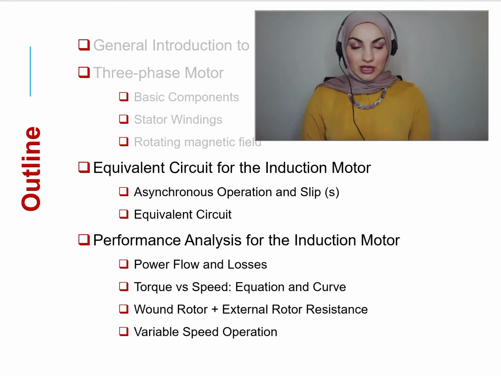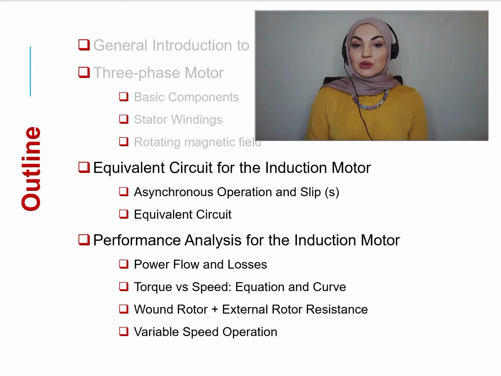So the focus today in this lecture is to develop the equivalent circuit for the induction motor in a similar way to what you have done with the transformers. Basically, we are going to understand the meaning of asynchronous operation and slip, and also analyze mathematically the equivalent circuit. Then we are going to look at some performance analysis metrics for the induction motors.